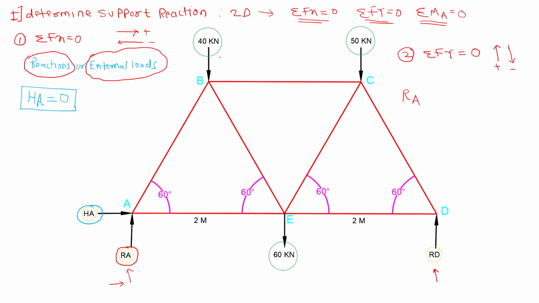Go next. There is one external load of 40 kilonewton downward, minus 40. Then minus 60 because it is downward, minus 50. And then the last one is plus RD is equal to 0. So I can write RA plus RD is equal to 150 kilonewton.